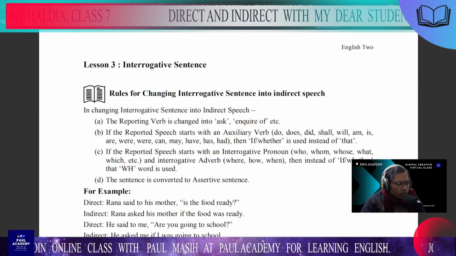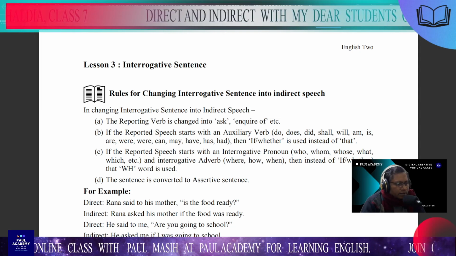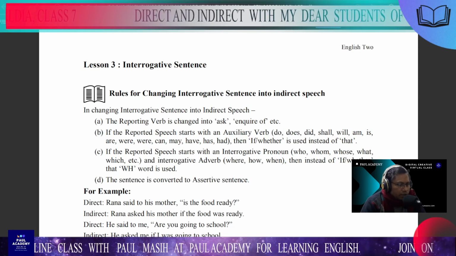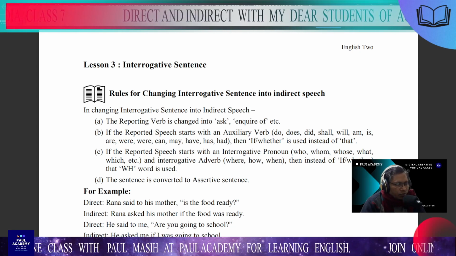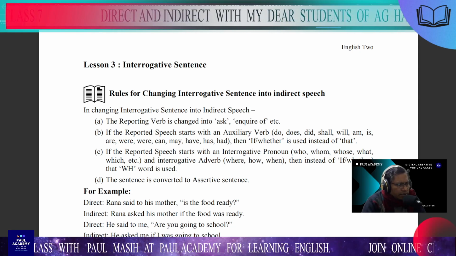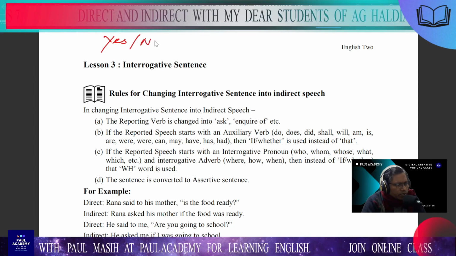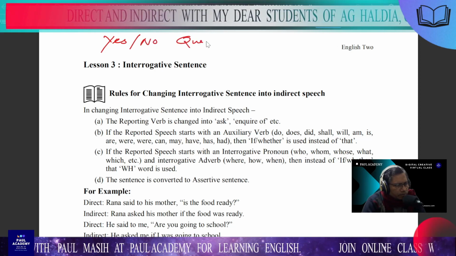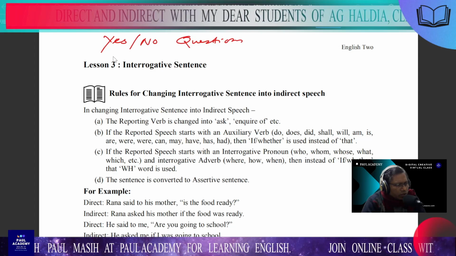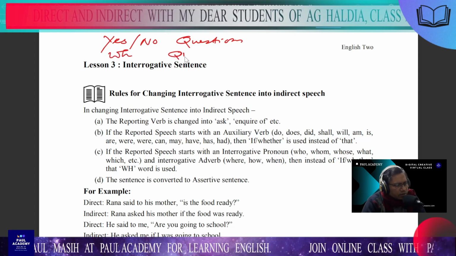Now, as you all know, an interrogative sentence means a question. And in English, there may be questions in two ways. Number one is the yes-no question, or the WH question.